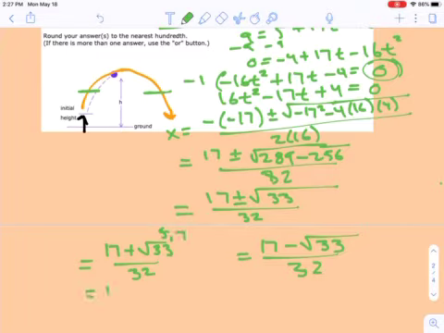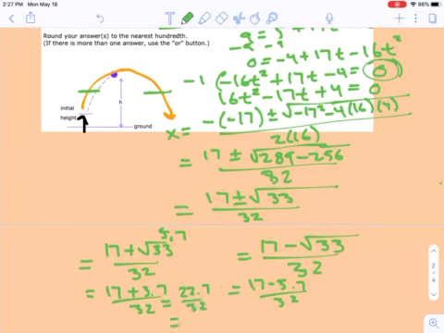So you're going to have 17 plus 5.7 over 32, and then you're going to have 17 minus 5.7 over 32. So over here, that's going to give you 22.7 over 32, which is going to be equal to, we're going to say, 0.71. All right, so under 1 second, all right?